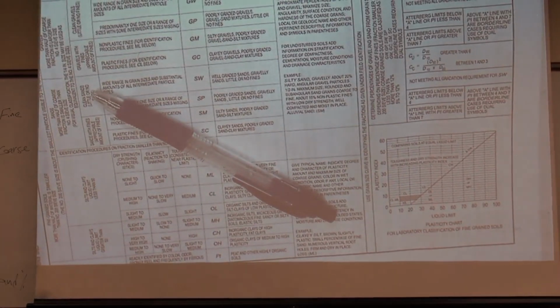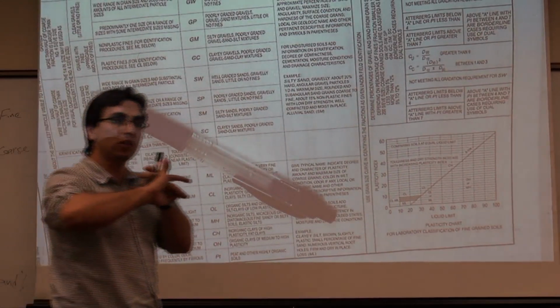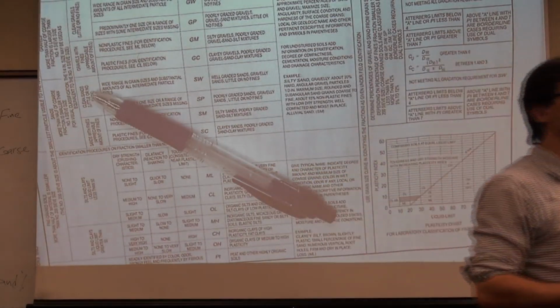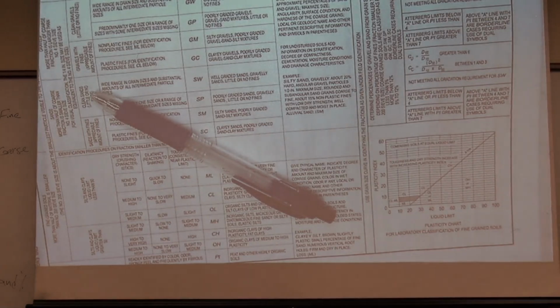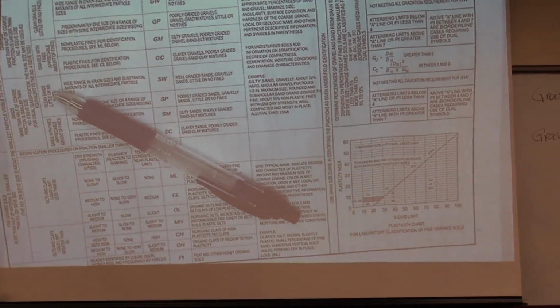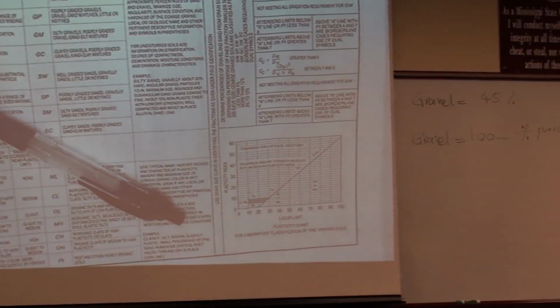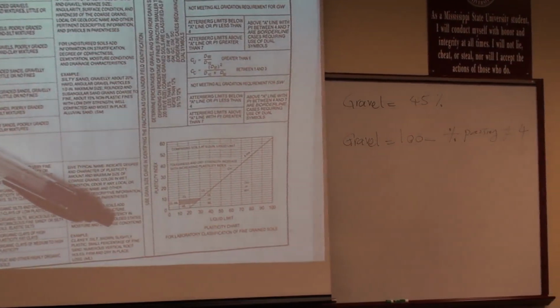Okay, so we already found the fine content. In the USCS classification system, we have fine, sand, and gravel. To characterize the fine portion, we cannot just use sieve analysis. We need to use another test, which is the Atterberg limit test. Sieve analysis can only tell us how much sand, how much gravel, and how much fine we have.